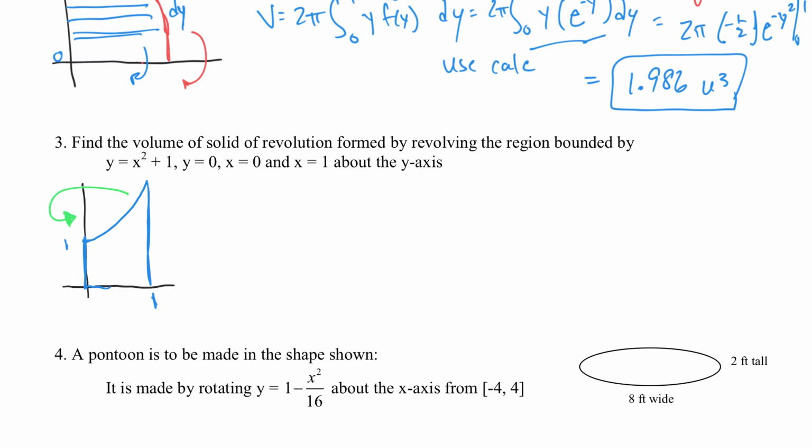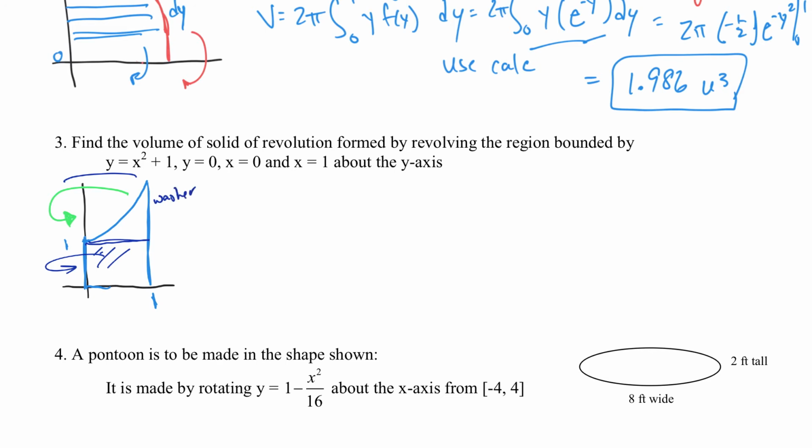Now, if I was going to do this with the disc washer method, I would have to take this piece and break it up, and I can find this one around the y, but then I'd have to do this situation differently. I would have to take the bigger radius minus the smaller radius, so basically take the hole out of it for this one and use washers on this one.